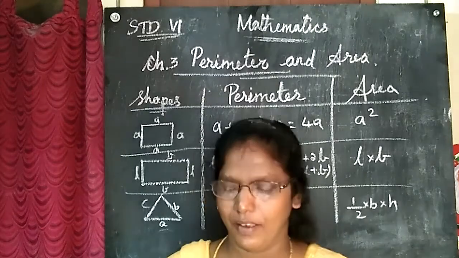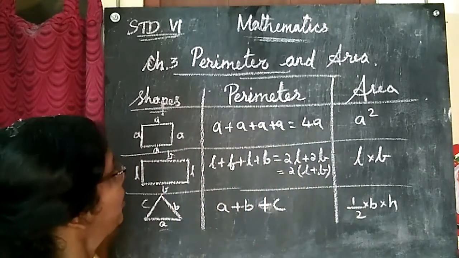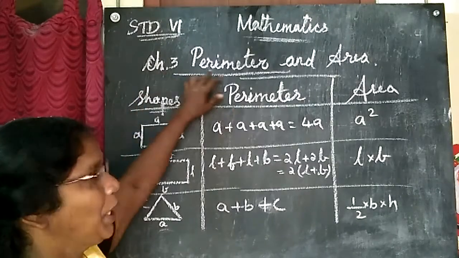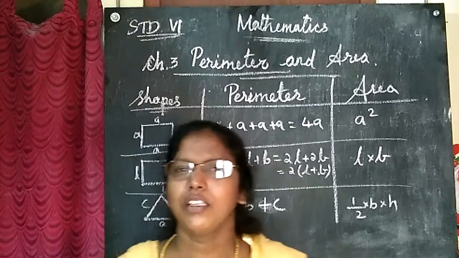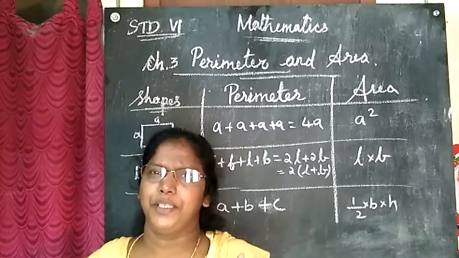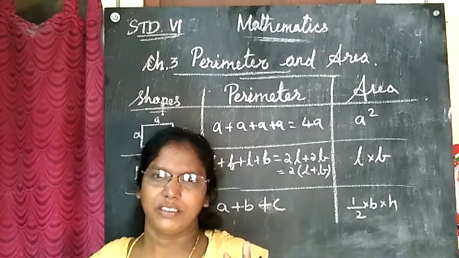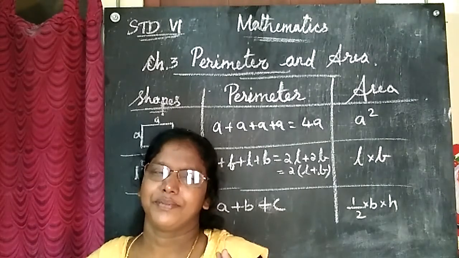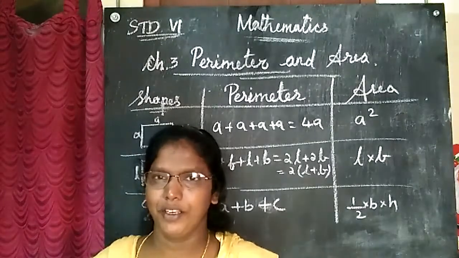Amen. Children, our new chapter, Chapter 3, perimeter and area. You know the shapes, is it? What are the main shapes we are having here? Major shapes: we have square, rectangle, triangle, circle, and then many more shapes.